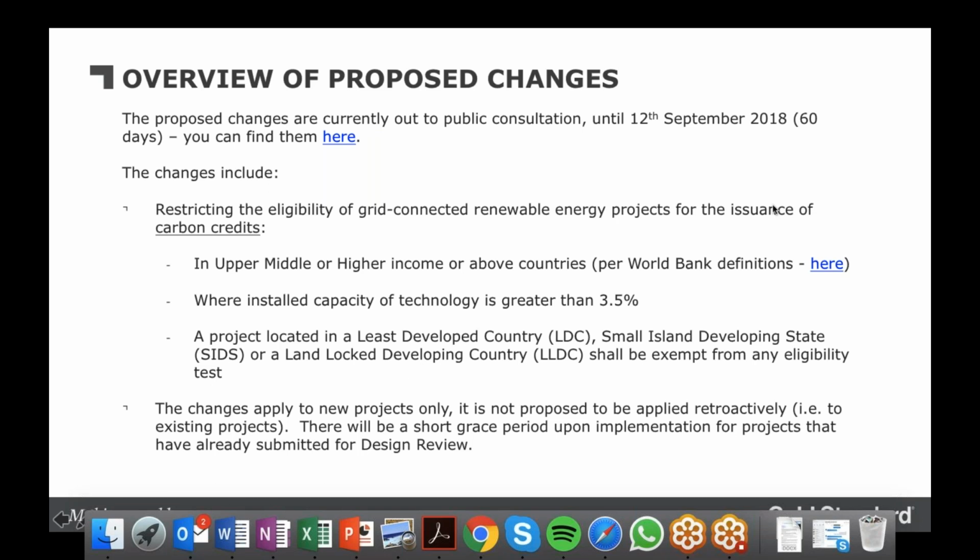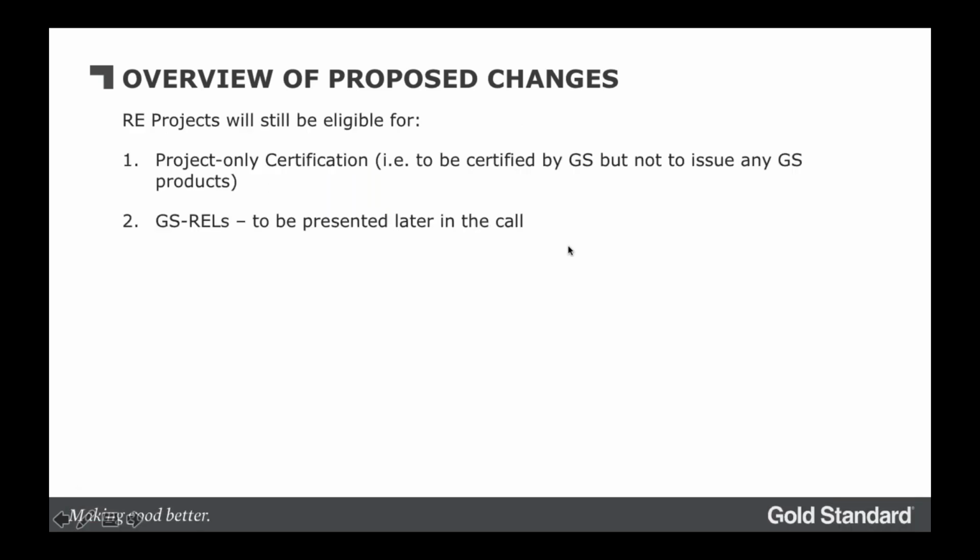So just to reiterate, not applicable to existing projects, and for new projects will come into effect later this year in Q4, and there'll be a grace period for projects that are already submitted to Gold Standard but haven't yet issued.